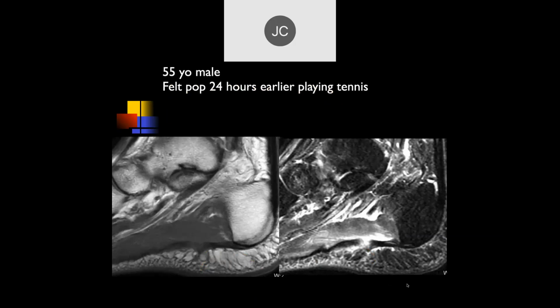All right. So a few centimeters distal to the proximal origin of the plantar fascia, we see a full thickness defect right there.